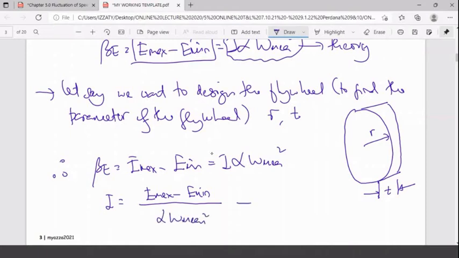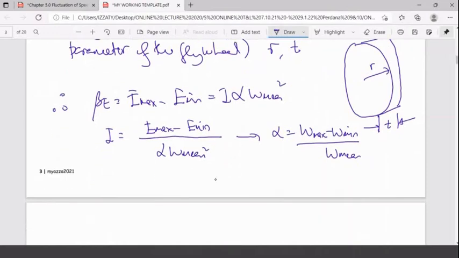Of course, from here, alpha is equal to omega max minus omega min divided by omega min. And we already have the omega min here, which is basically omega max plus omega min divided by 2.